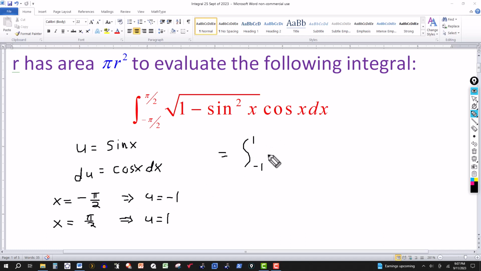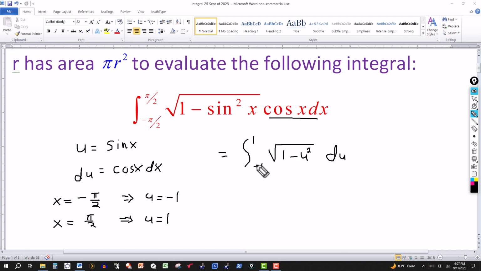Then we've got the square root of 1 minus, and the sine in this case is your u, so this will be u squared. And here the cosine of x dx is replaced by du.